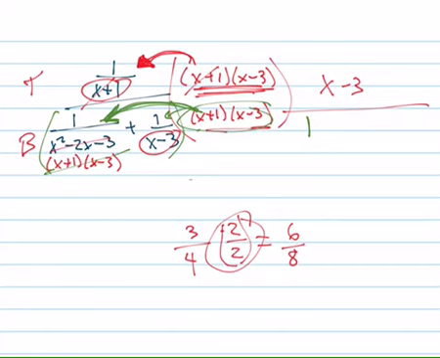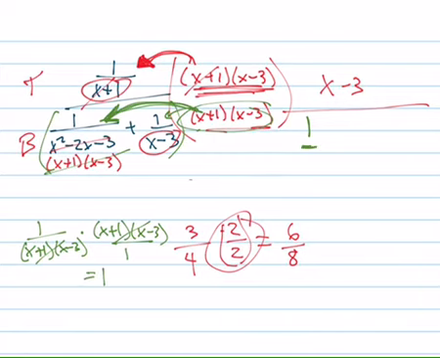Right? Understand that? Because 1 times x plus 1 over x minus 3 times x plus 1 over x minus 3, that right there just equals 1. So that's there. That's my 1.